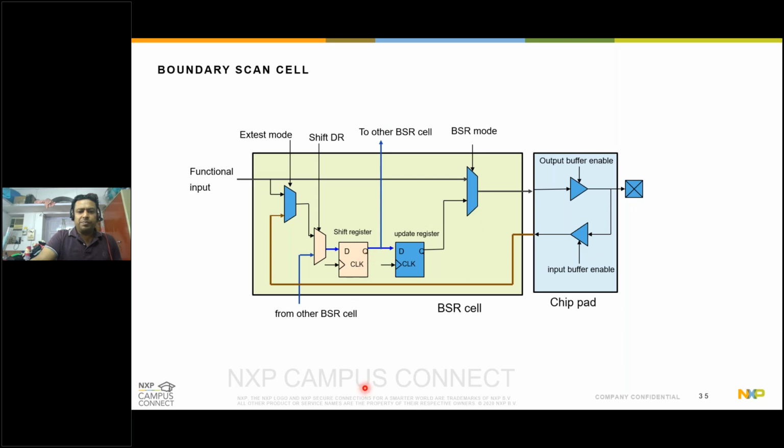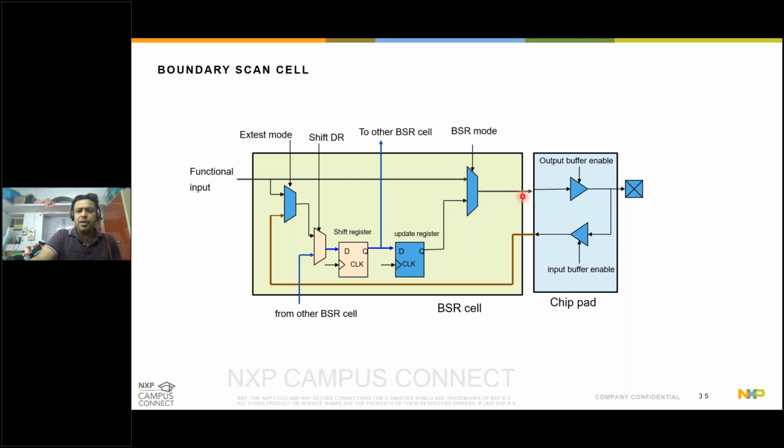Then by forcing a pattern through your primary input, you can shift in data through this shift register. Once you have shifted a specific pattern into this shift register, you capture this pattern in the update register, and you start driving your pad with the desired pattern.